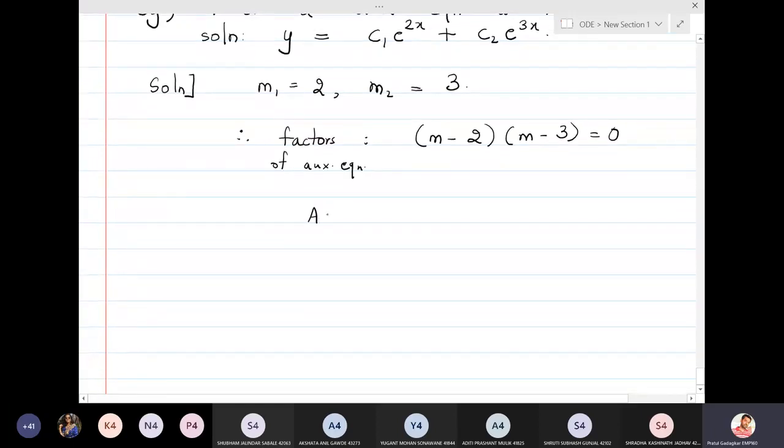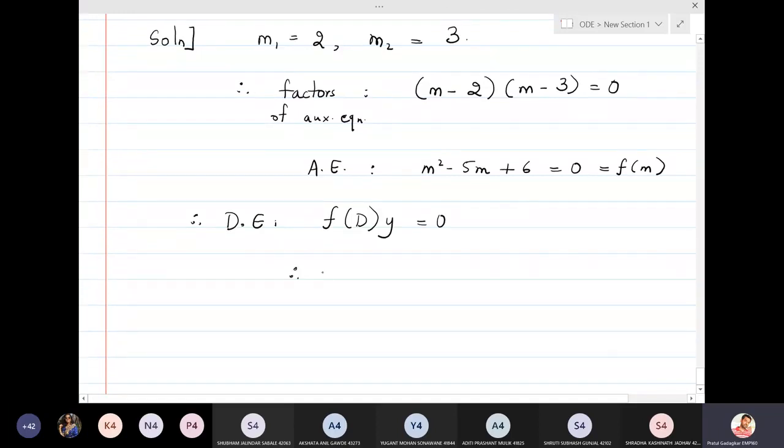So what is the auxiliary equation? I will denote auxiliary equation by AE henceforward. So it is equal to m square minus 5m plus 6 equal to 0. This is your f(m), and therefore what is your differential equation? The differential equation is always in the format of f(D) y is equal to 0.